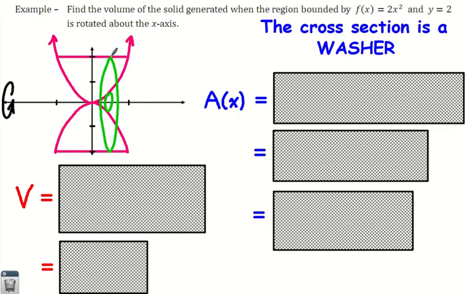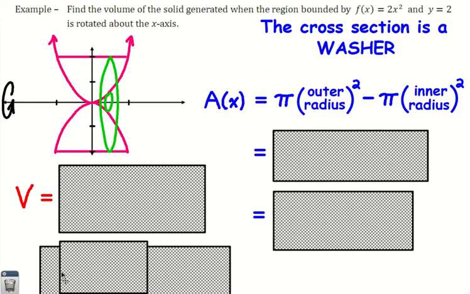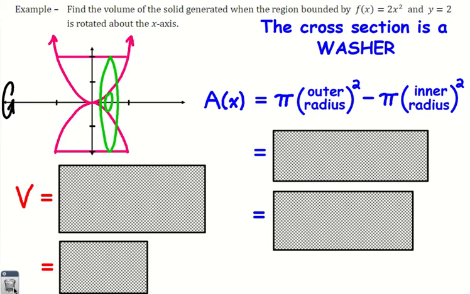And if you remember from last semester, the area of this washer is like the area of a circle with a circular hole in it. So you do the area of the entire circle, which is pi r squared, but more specifically, pi times the outer radius squared. From here to here would be the radius of the entire circle. So pi outer radius squared.